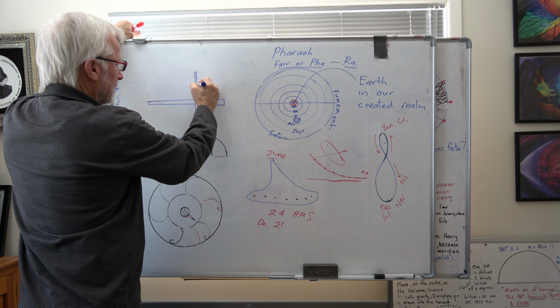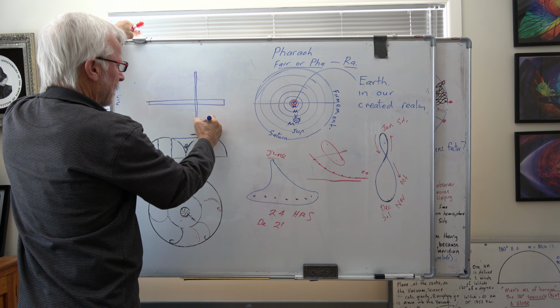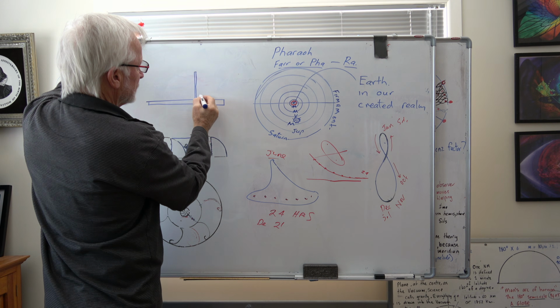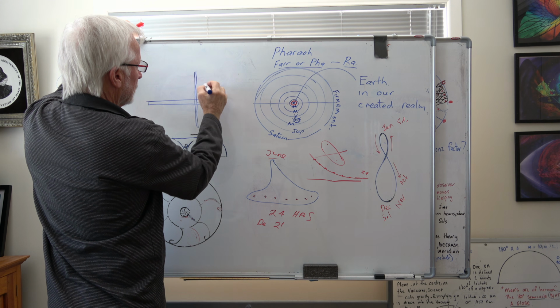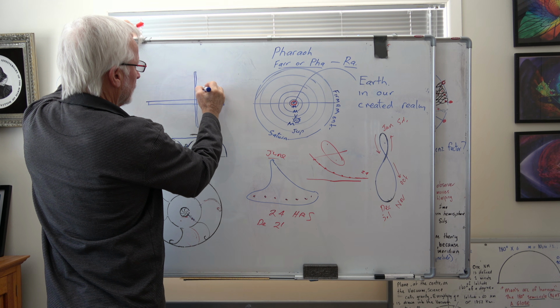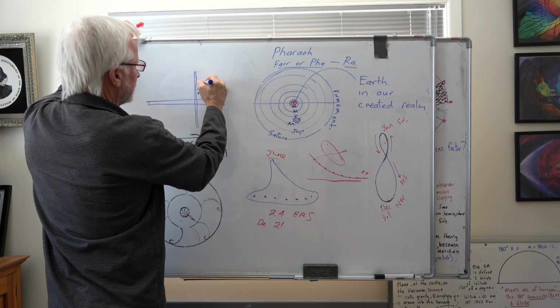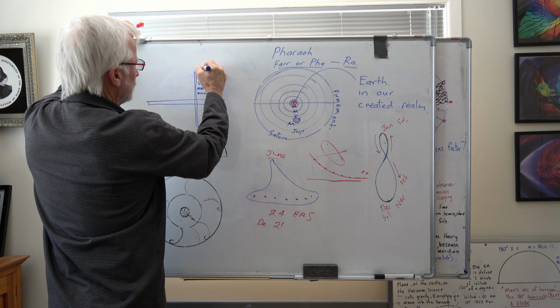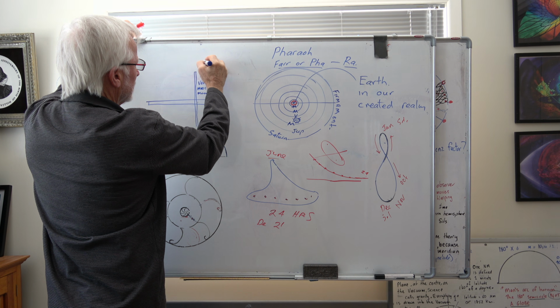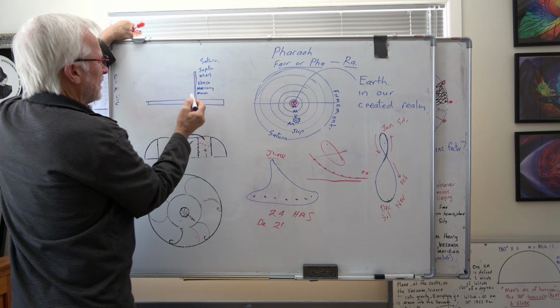So the ecliptic plane becomes vertical. So you're going to get the moon, you're going to get Mercury, Venus, Mars, Jupiter, and Saturn, all up in here.